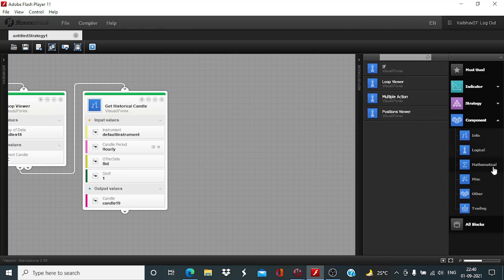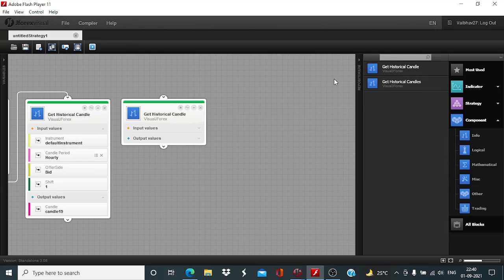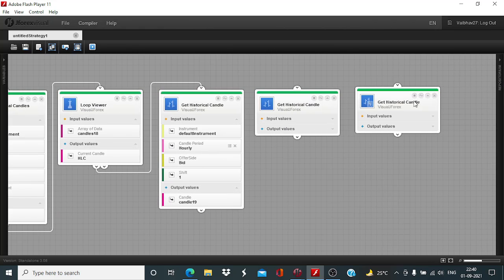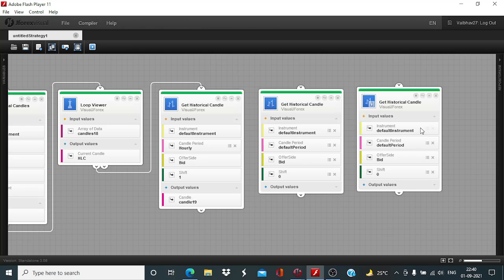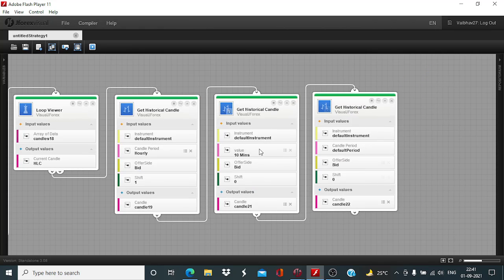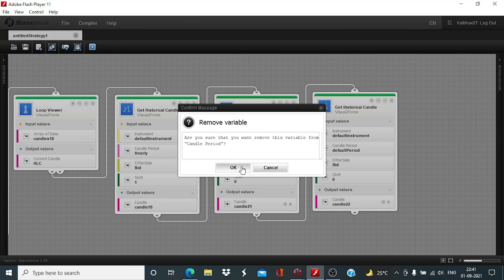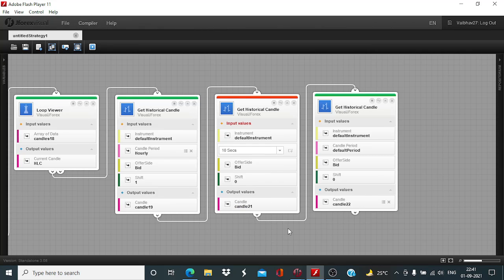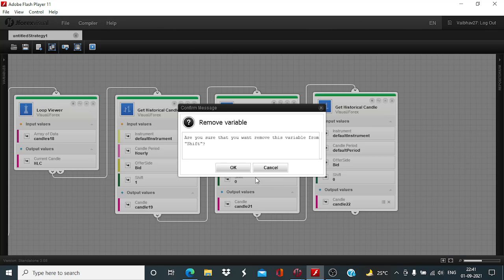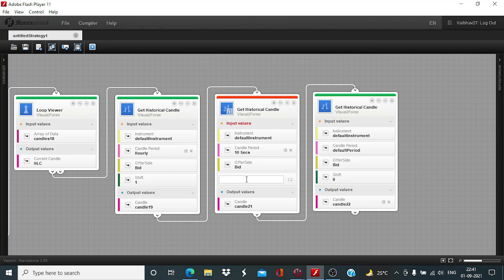And then to pinpoint the exact entry point, we need 10-second candles as is the customary practice. If you have been a regular viewer, you might be well aware. So with this, our basic building blocks are almost in place. I will change this to 10 seconds. Shift value of 1.